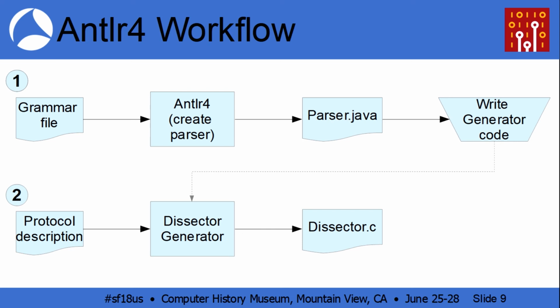You could put an interpreter in here, and you could have ANTLR generate an interpreted language like Lua code, for example, instead of generating all the way to C. And that Lua code could then just be put into a directory in Wireshark and go from there. That would reduce the number of steps.